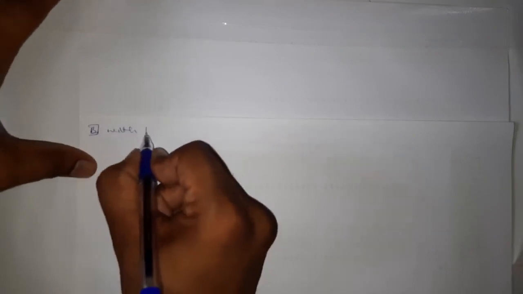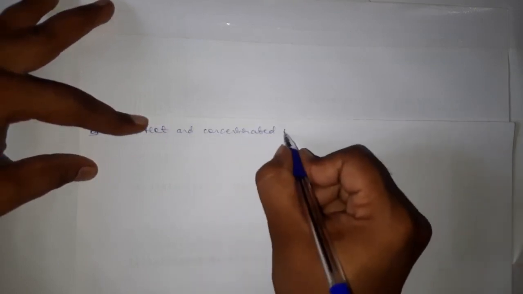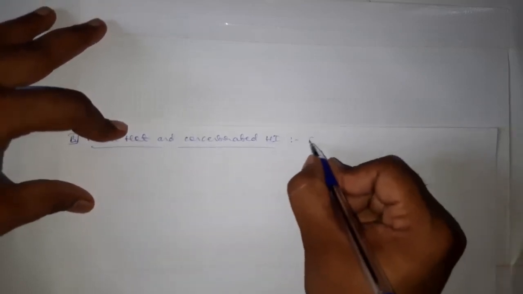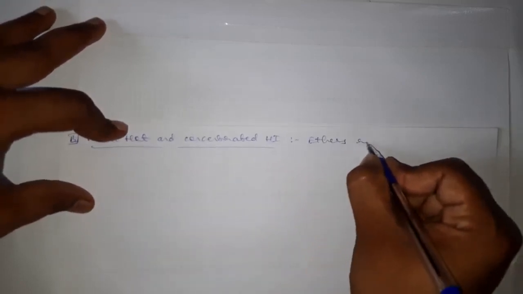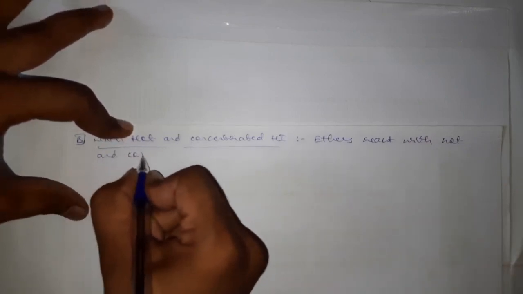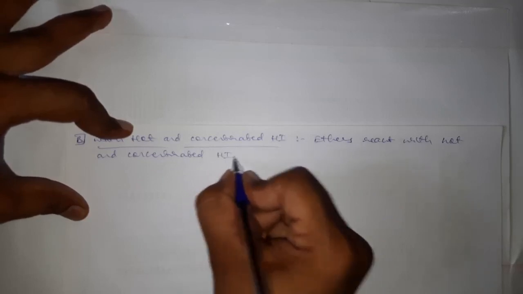Then now we have to discuss the second type of reactions of ethers with hot and concentrated HI, that is hydroiodic acid. See, ethers react with hot and concentrated hydroiodic acid.